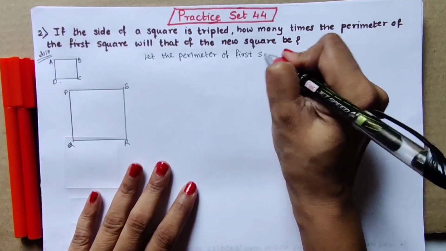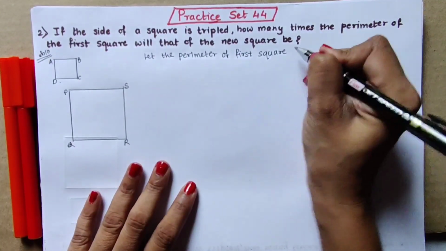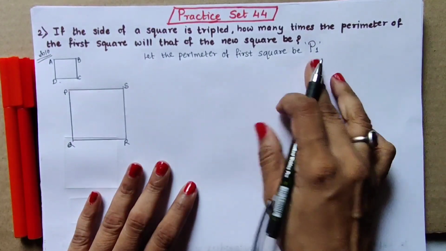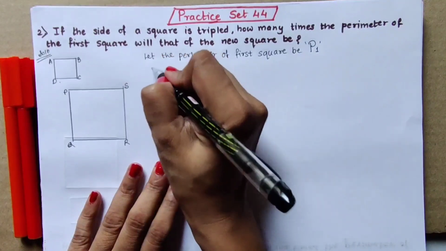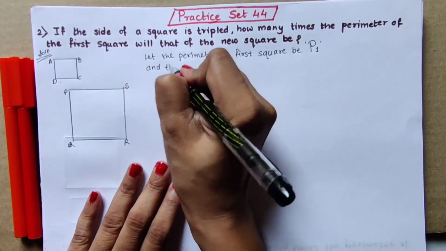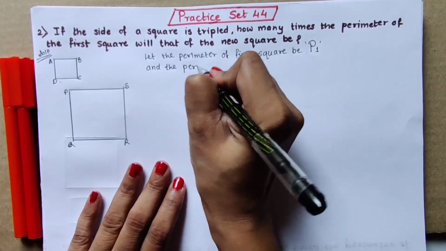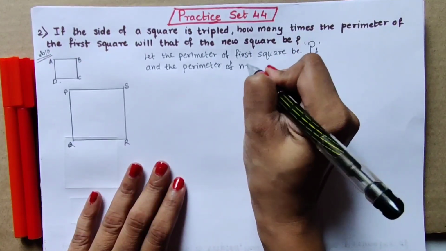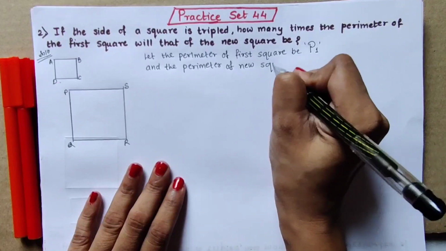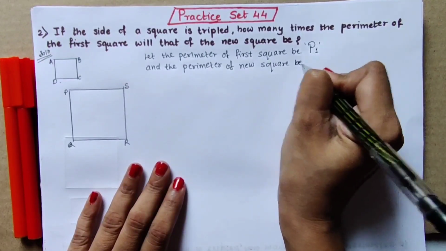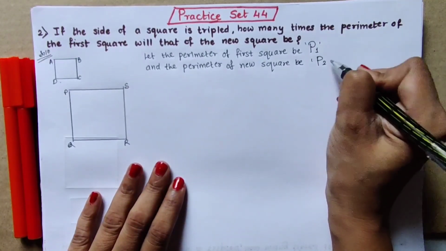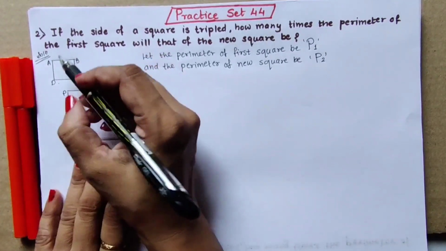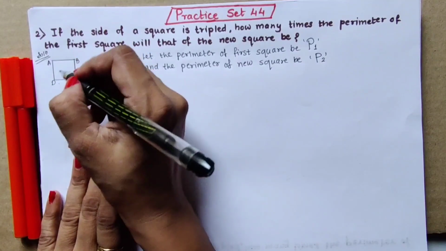Perimeter of the first square be capital P1, and the perimeter of the new square be capital P2. Okay, now what we have to do, we will be taking any side for this old square or first square.